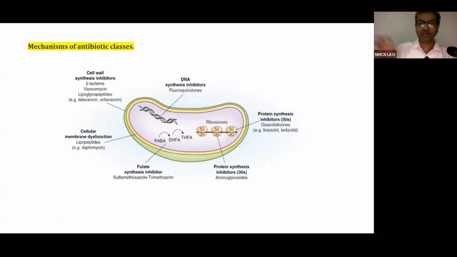Just to remember how these antibiotics work: some work on cell wall synthesis inhibitors, some on the cell membrane, some are folate synthetase inhibitors, and protein synthesis inhibitors, some work on the 50S ribosomes and some on 30S, and fluoroquinolones. So these are the different groups of antibiotics. All together you have 6 different classes of antibiotics.